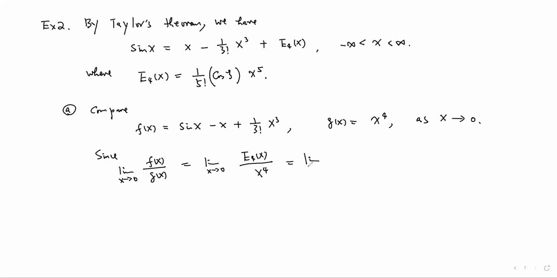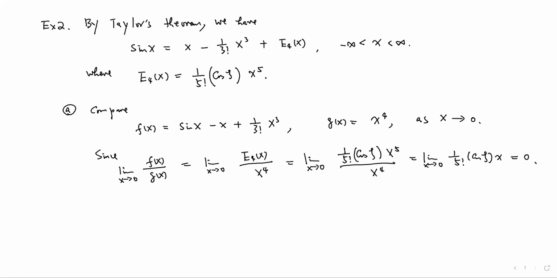Now I plug in E4: 1 over 5 factorial cosine sine x to the 5th, over x to the 4th. Now I cancel x to the 4th, leaving 1 over 5 factorial cosine sine x. The limit is 0.